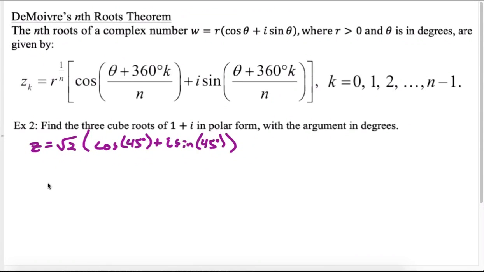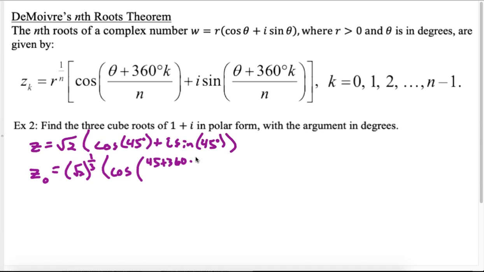To find the cube roots, I'm going to plug in 0, 1, and 2 into this formula for k. I'm going to start with square root of 2 to the power of 1 over n, so that would be to the 1/3 power, times the cosine of theta, which we said is 45, plus 360 times k.